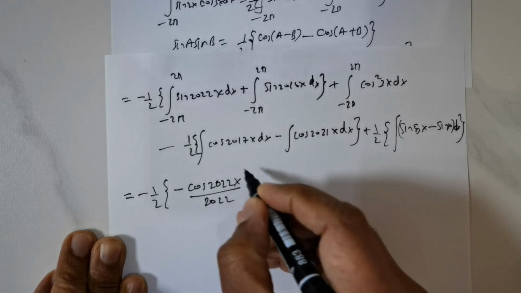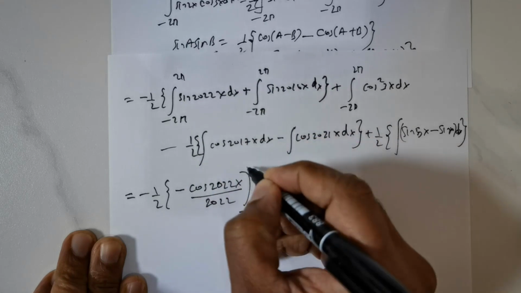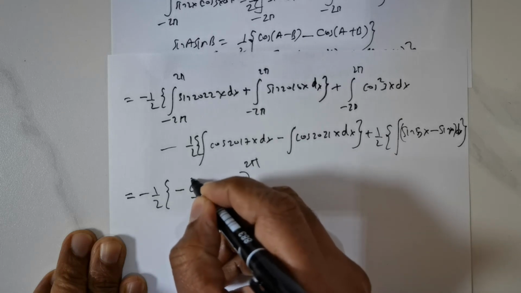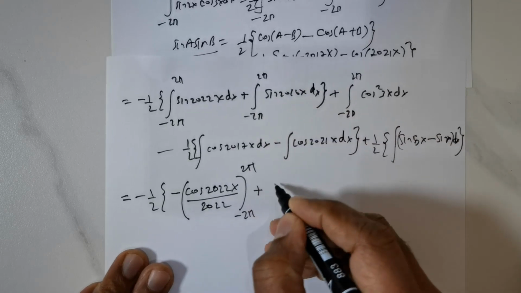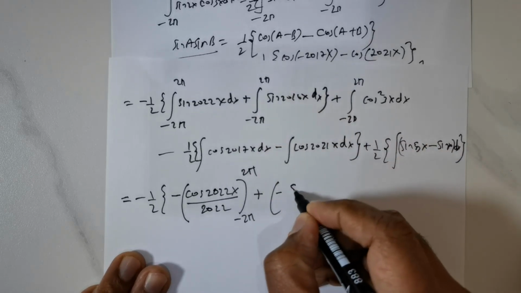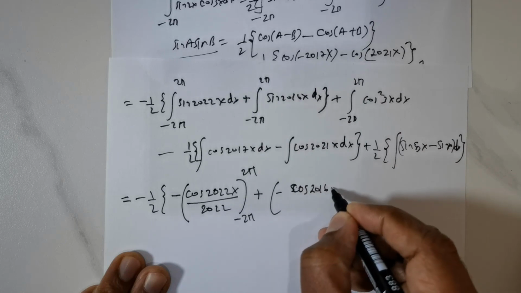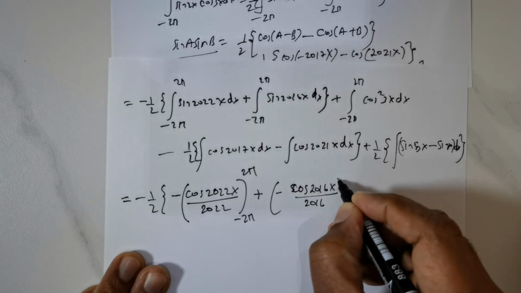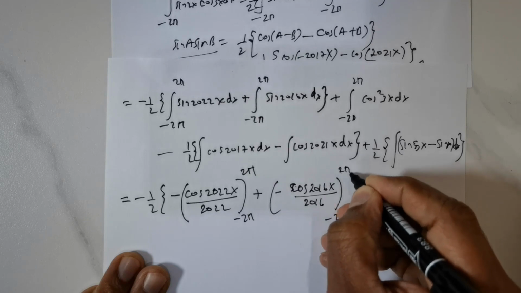Okay, that's the first thing, followed by, now you have the limits of negative 2 pi to positive 2 pi. So I can just place it like that, followed by positive, this is going to give me a negative sign. So negative cos of 2016x divided by 2016, and the limits are negative 2 pi to 2 pi.